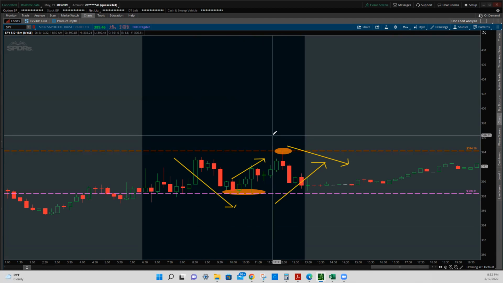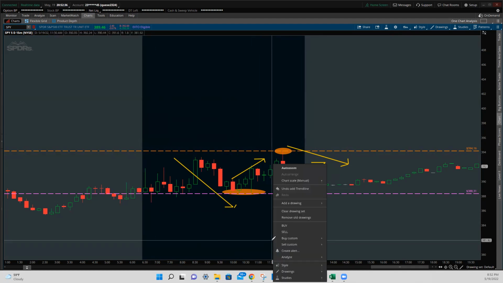In an uptrend, support levels are your entry points and resistance levels are your exit points, and vice versa. When you're getting puts, resistance levels are your entry points and support levels are your exits. So enter, exit, enter, exit. Okay. So that's support and resistance, and that's entries and exits.